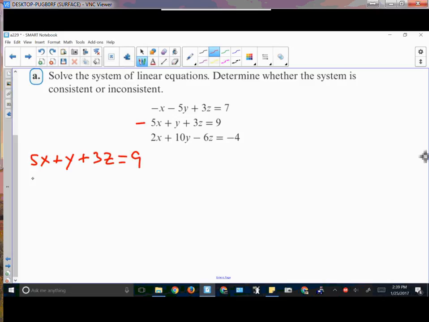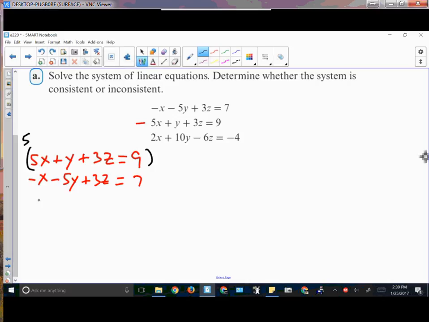And I am going to take negative x minus 5y plus 3z is equal to 7. And since I was told to get rid of the y's, take this top equation here and multiply it through by a 5. Is that legal?